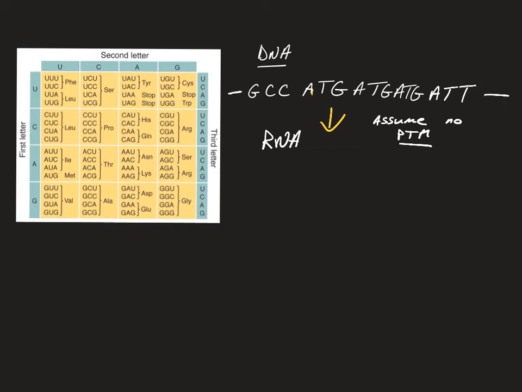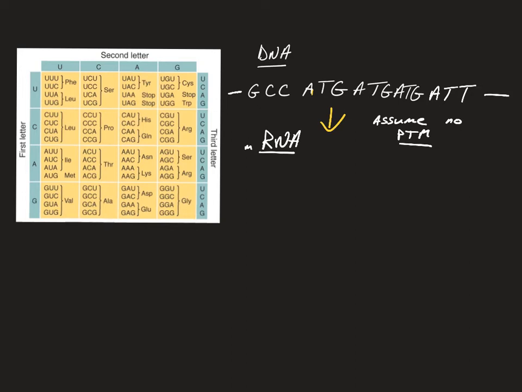This is not part of an intron. Is that okay with you? Because remember, the gene can be very long, but not the entire thing will be turned into an mRNA. Some of it will be cut out, and the rest will be spliced together. Remember that? So we're going to assume that this whole code is going to be part of the RNA. Is everybody all right with that? Yeah.